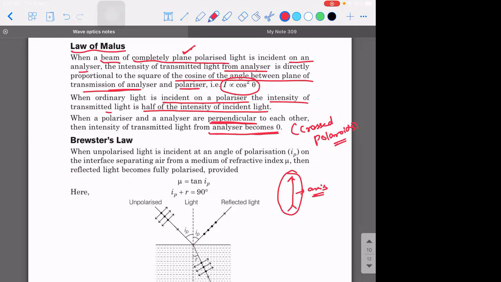Polaroid or polarizer both mean the same device. Crossed means they are perpendicular to each other. Clear?